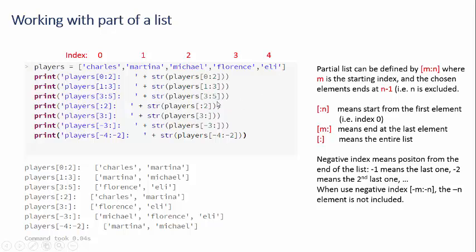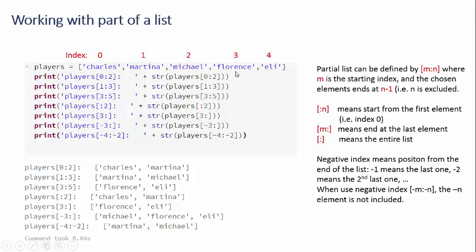We know the indices only go from 0 to 4, and if we use 0 colon 4, it's going to include only the first 4 names. So to include the last one, we're going to use the index 5. So 3 to 5, but before 5, which is 3 and 4.